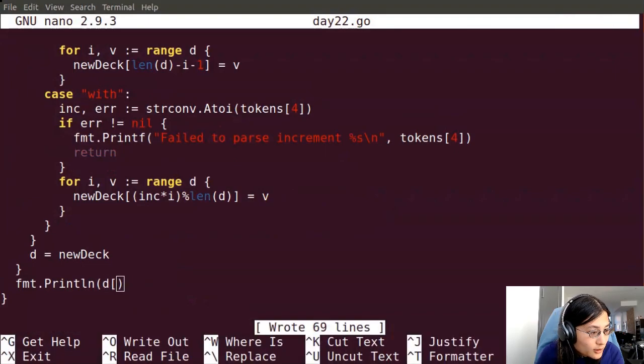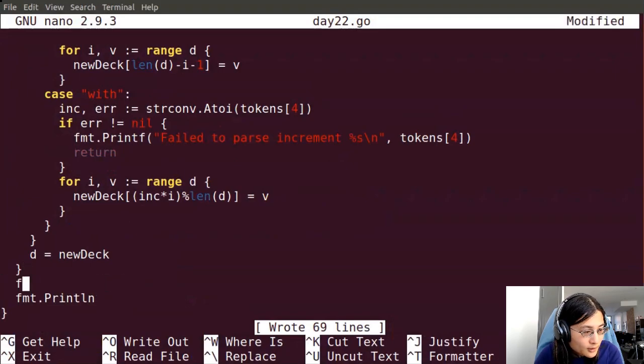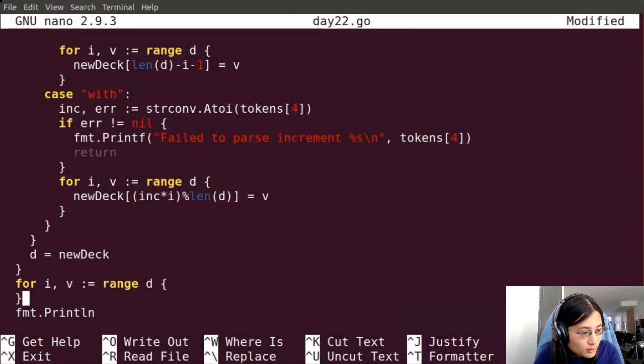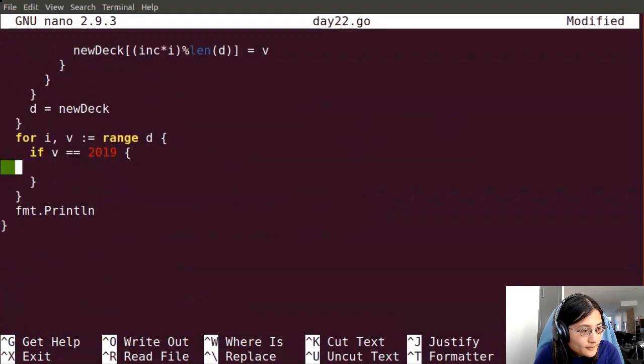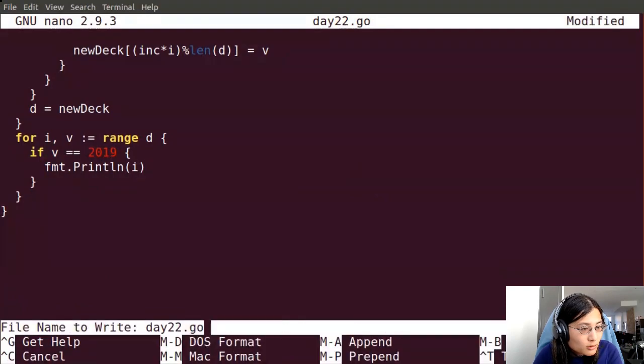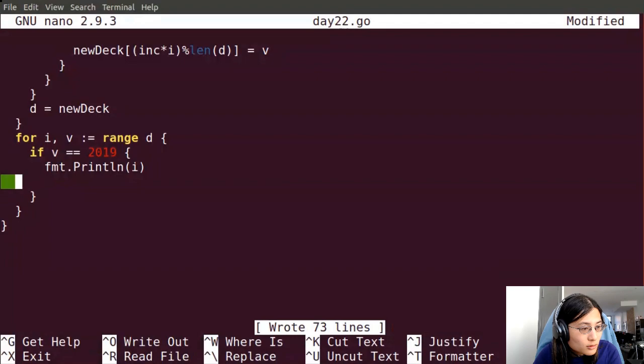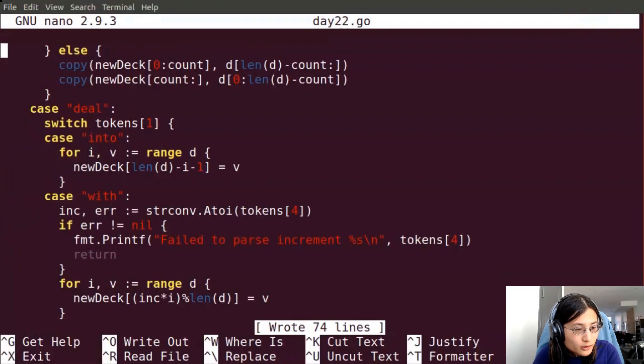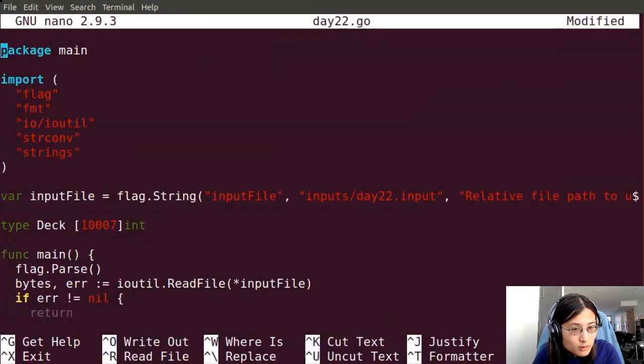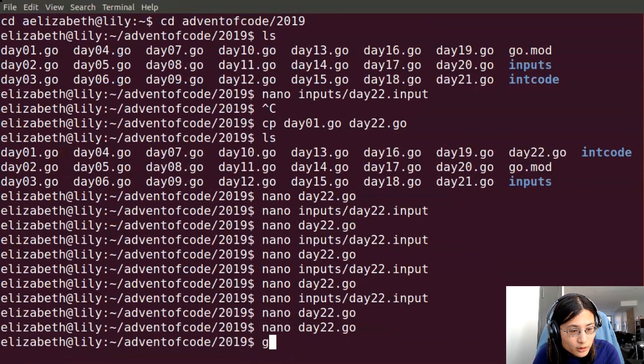We need the 2019. Oh, we need to find the 2019 index. Okay. I think that should do it. Formatted.